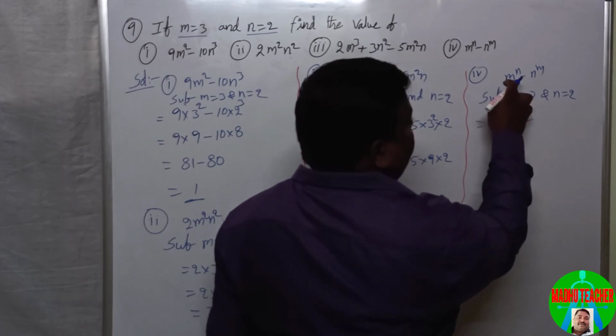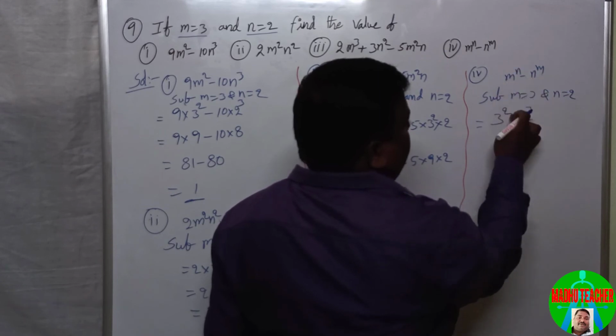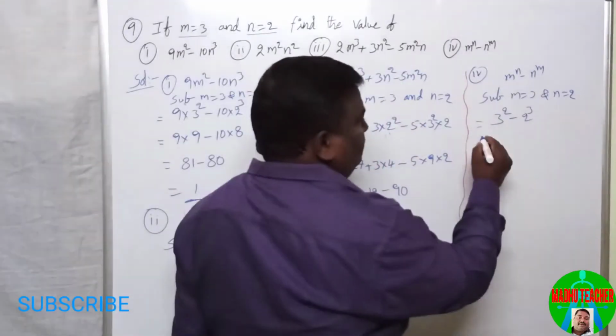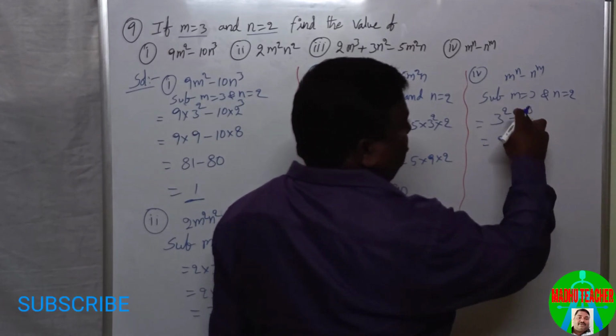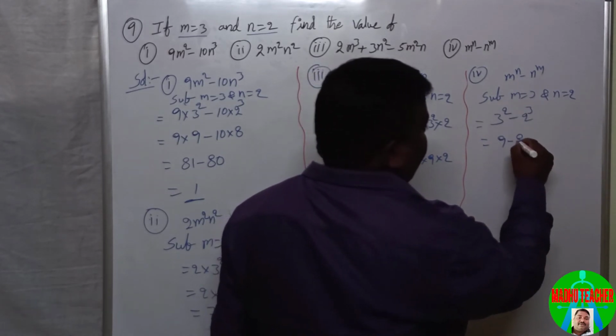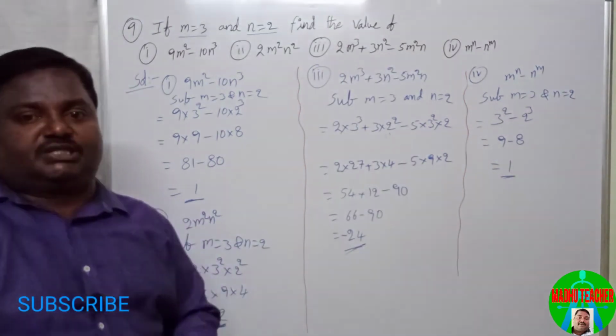Just replace the values, m with 3, n with 2, as it is we substitute and write. That equals 3 square, 3 3s are 9, minus 2 to the power of 3, 2 2s are 4, 4 2s are 8, and 9 minus 8 is 1. This is the 9th one.